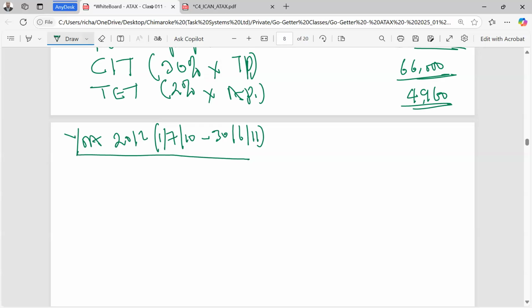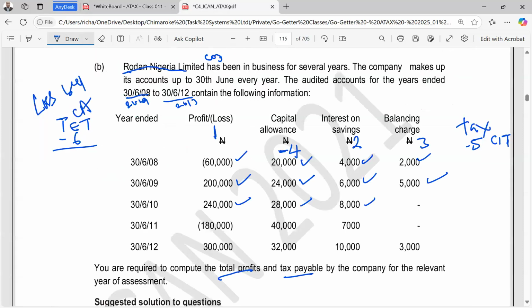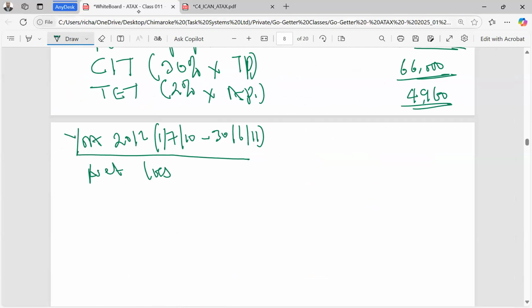And we have a net loss. How much is that? We have 180. We're taking that, 180.